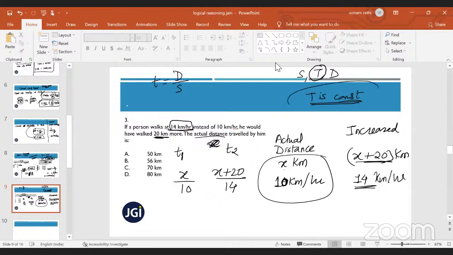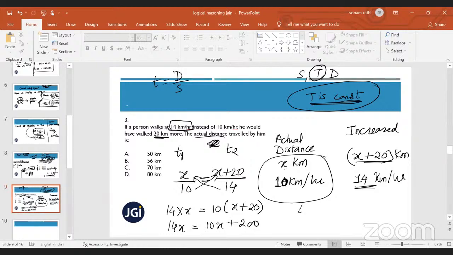Since we know time is constant, these two will be equal. So cross multiply and solve it. 14 into X is equal to 10 into X plus 20. 14X is equal to 10X plus 200. 4X is equal to 200.